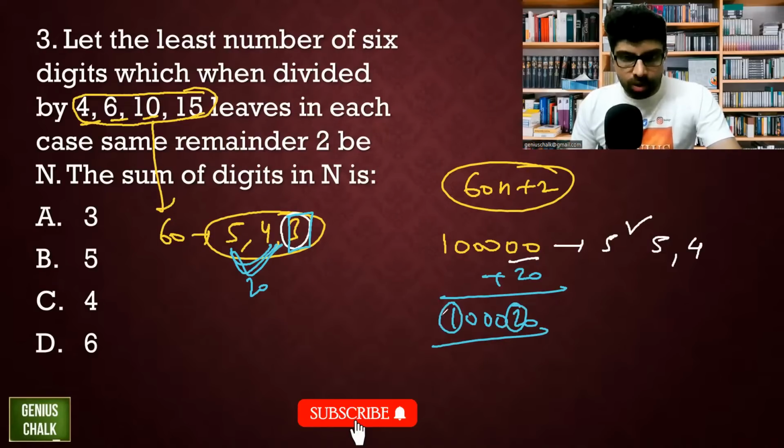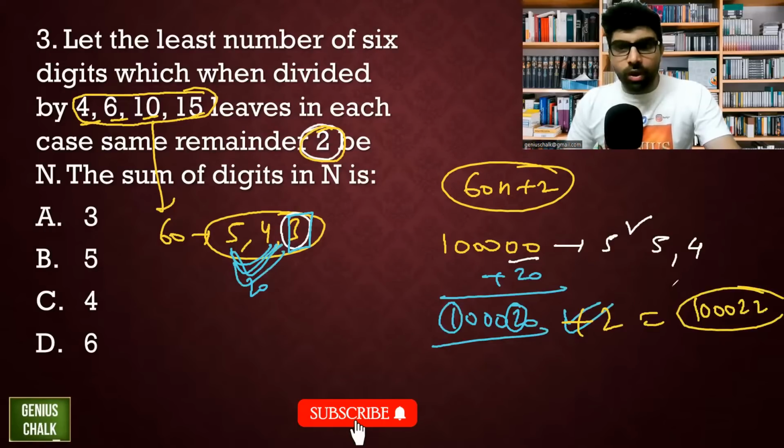So this number is divisible by 5, 4, and 3, but this is divisible properly. We need to have remainder 2 as per the question language. So we need to have remainder 2, so just add 2 here, and that is 100022. So this is the shorter approach.